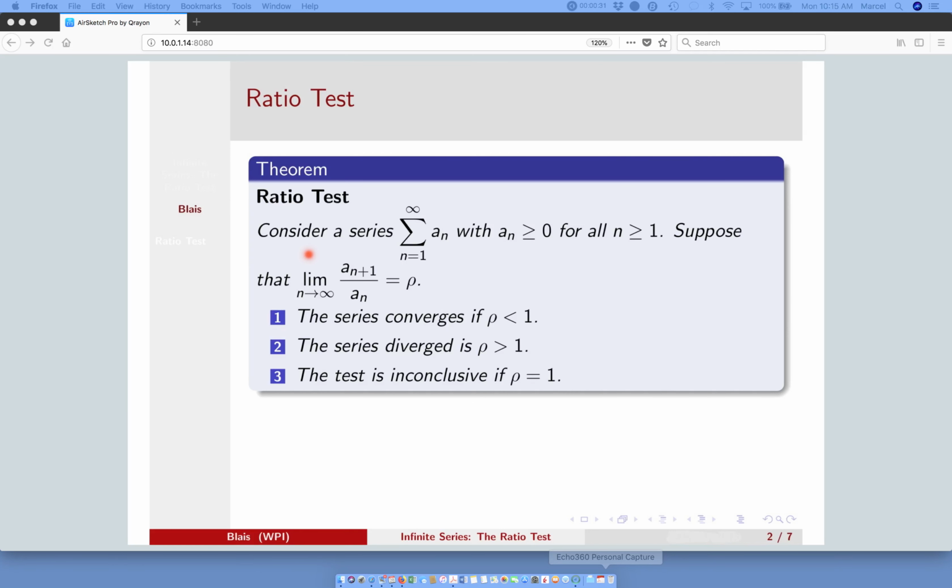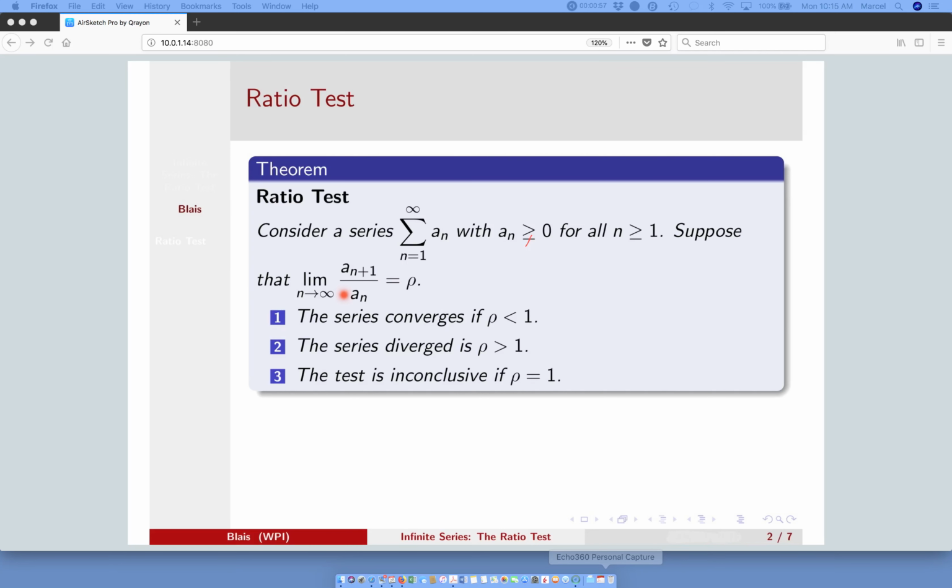Now, the ratio test, we're coming back to dealing with series where all the terms are non-negative. And actually, it would be better to just say that the terms are positive. So we have a sum of positive terms. And suppose that we have rho, which is the limit of a_{n+1} over a_n.